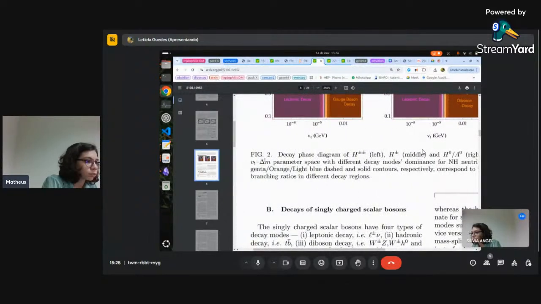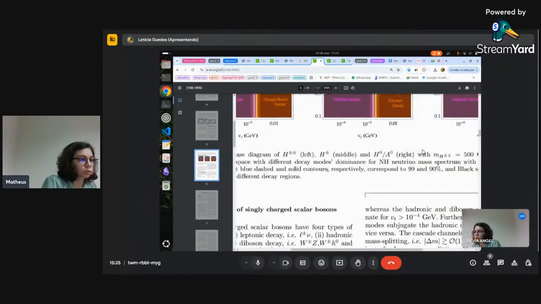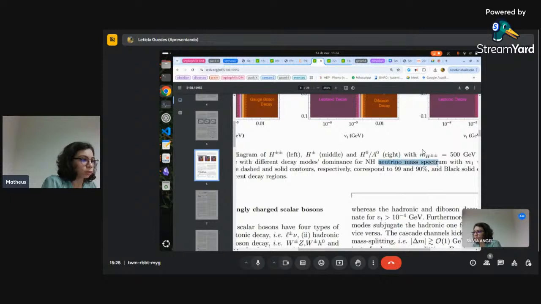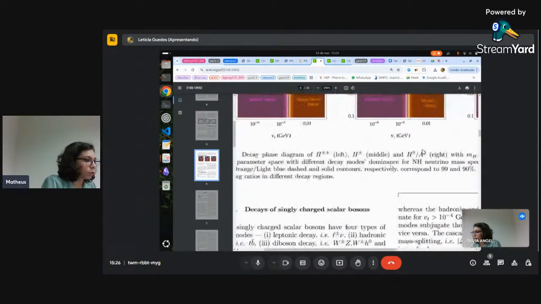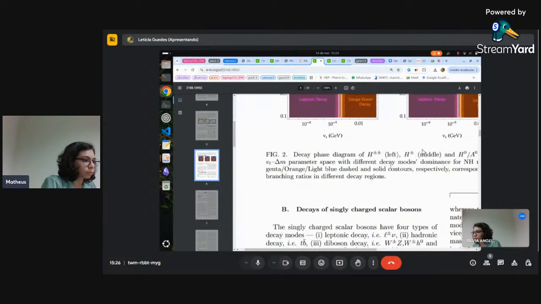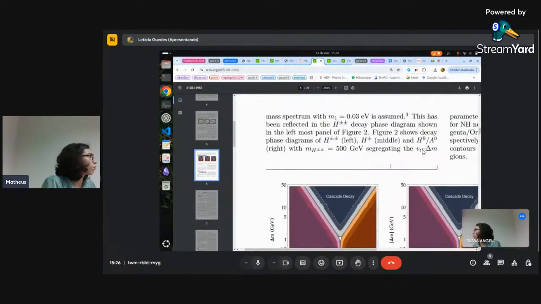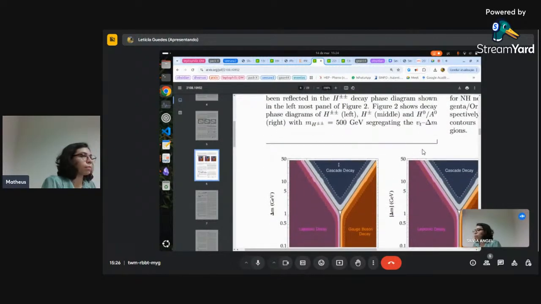So experiments like the muon decays and the LHC, we would actually measure the properties of the triplet, not the neutrinos directly.